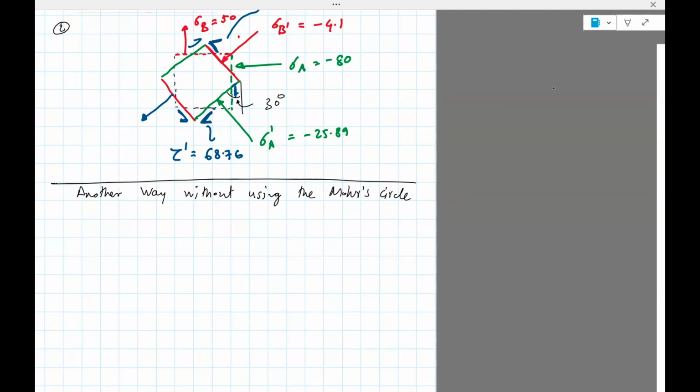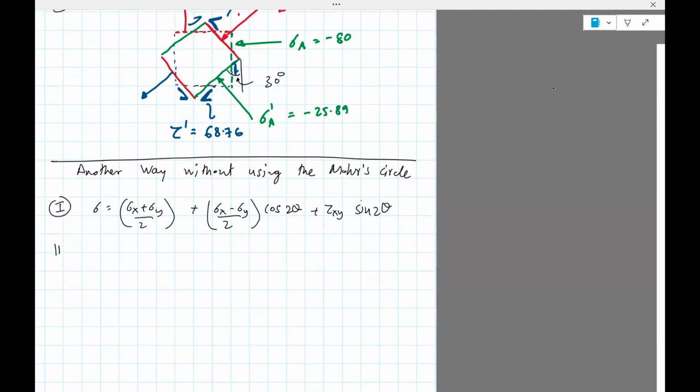Okay, so this is based on the formulas I wrote down. One of the formulas I wrote down, I abbreviated as 1: sigma is sigma x plus sigma y divided by 2 plus sigma x minus sigma y divided by 2 cosine of 2 theta plus tau xy sine 2 theta.